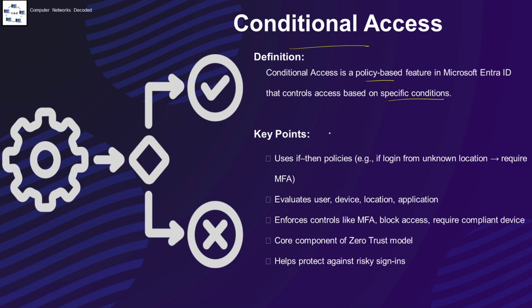So the key point to consider in conditional access is that it uses if-then policies. For example, if the user or the device is logging in from an unknown location, that is a new location, then the system enforces MFA, or multi-factor authentication.